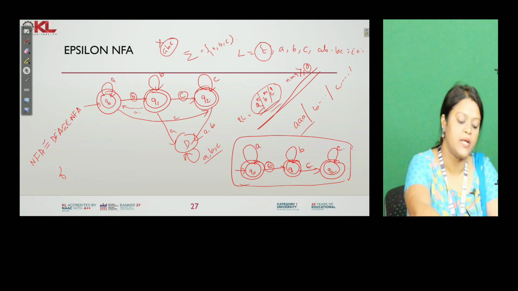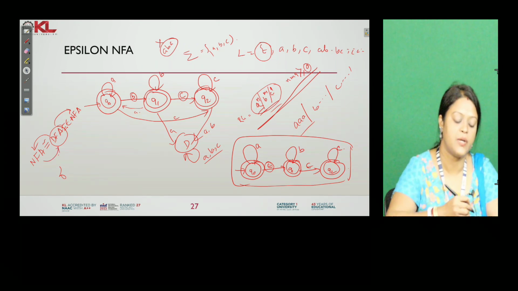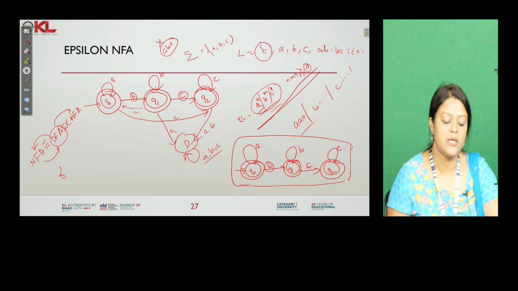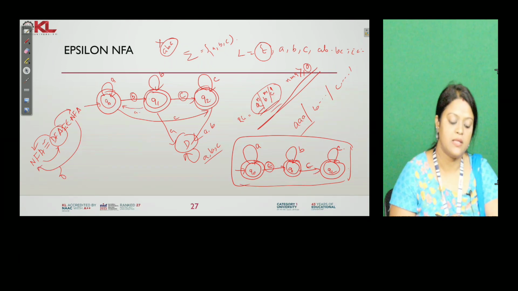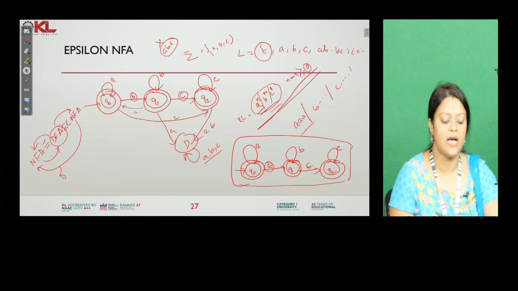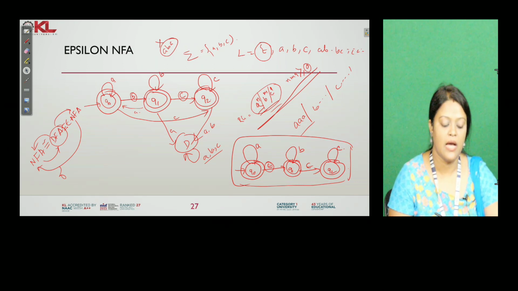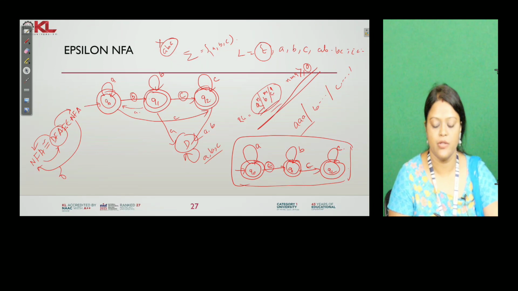We have already proved that a DFA is by default an NFA, or can be considered as an epsilon NFA. We have seen that an NFA can be converted to a DFA. The same thing we can do: we can convert an epsilon NFA to an NFA, and as we already have NFA to DFA, we can say that the epsilon NFA or NFA is also equivalent. That means NFA, DFA and epsilon NFA are all equivalent.